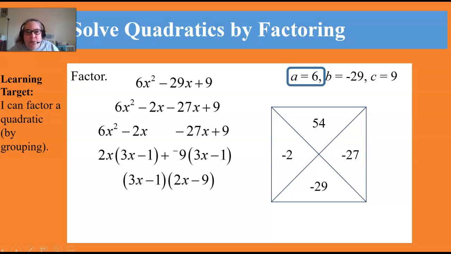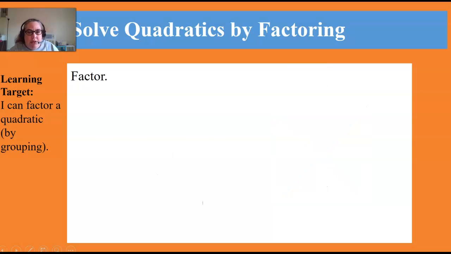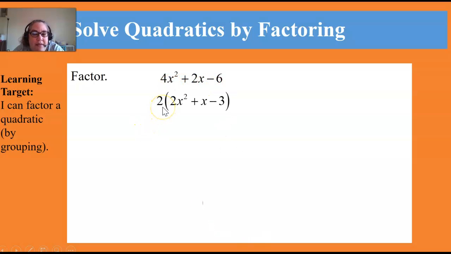Let's take a look at one more problem. We are going to factor 4x squared plus 2x minus 6. I notice that these terms are all even, so I could factor out a 2, and yes, the 2 is the greatest common factor. The 2 is important, but I can ignore it for a little while.